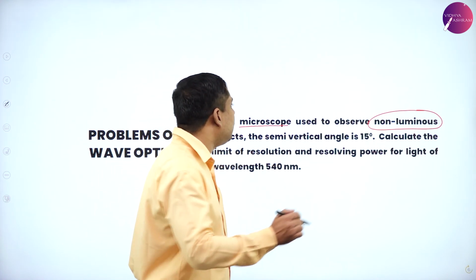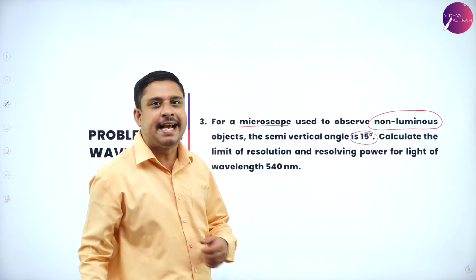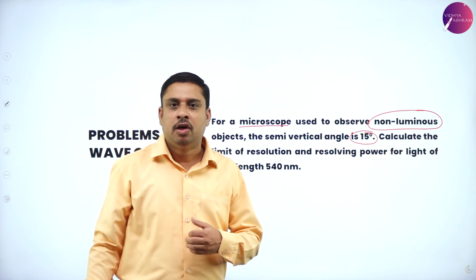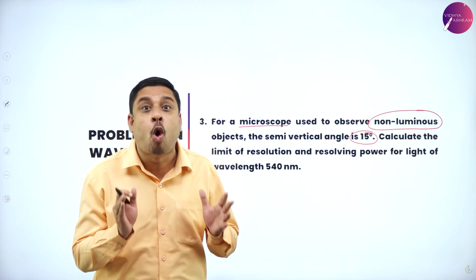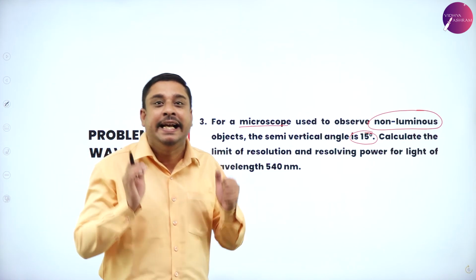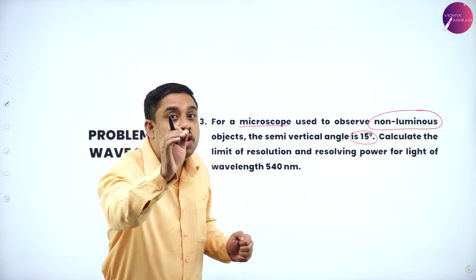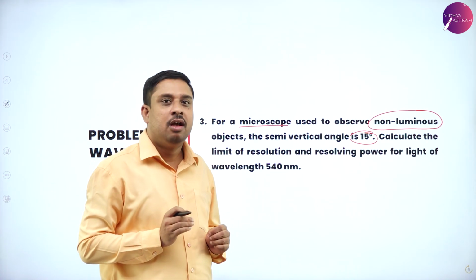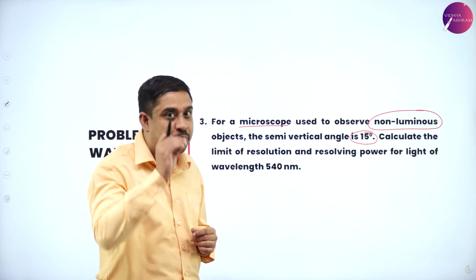The semi-vertical cone angle is 15 degrees. So the semi-vertical cone angle theta for a microscope used to observe non-luminous objects. Very important.